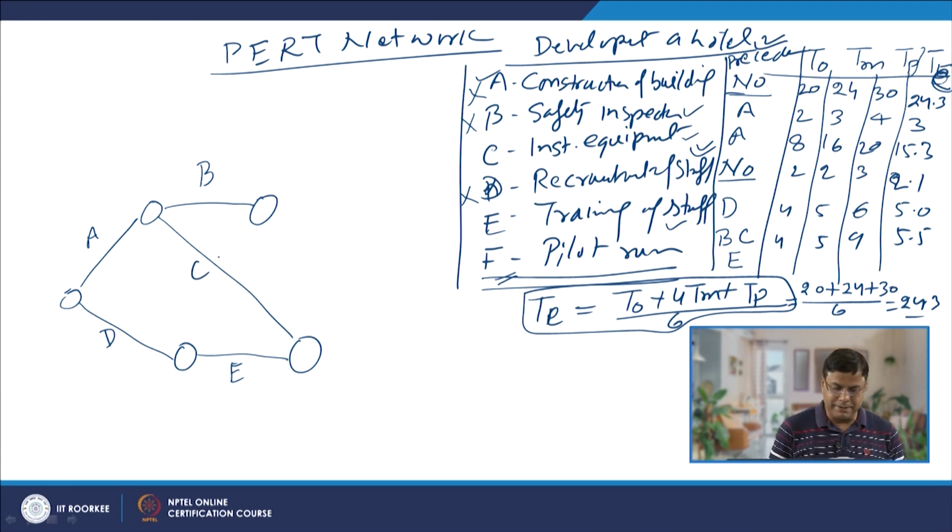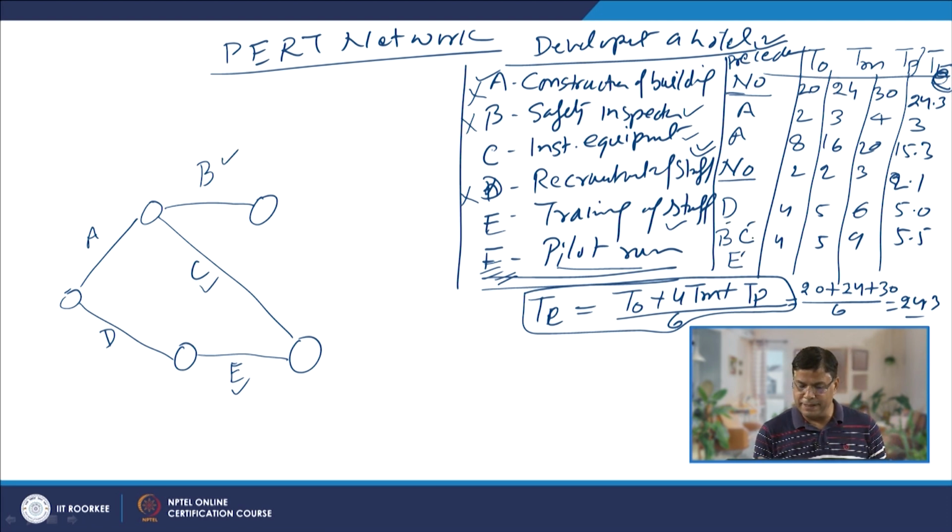So, activity C is coming like this, and then last, the pilot test or pilot run, activity F, is possible only if E, C and B are completed.